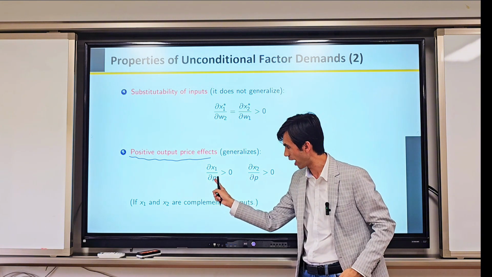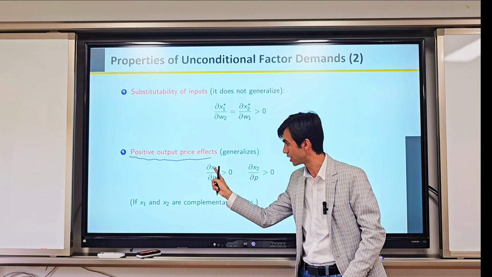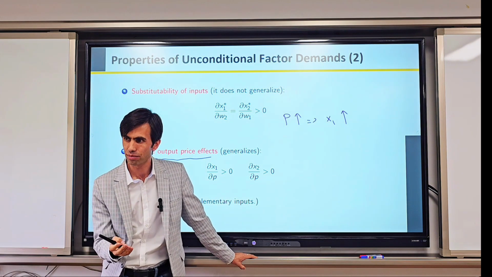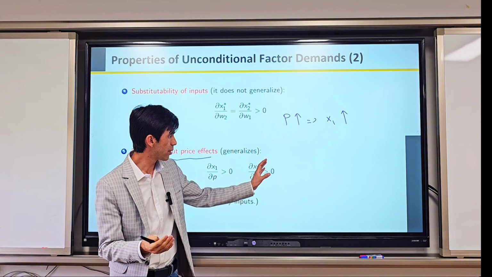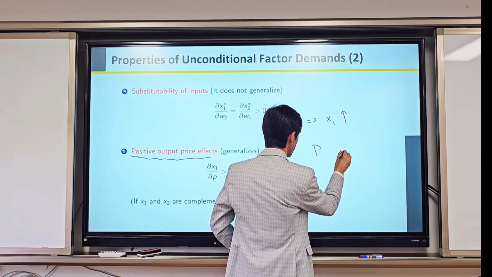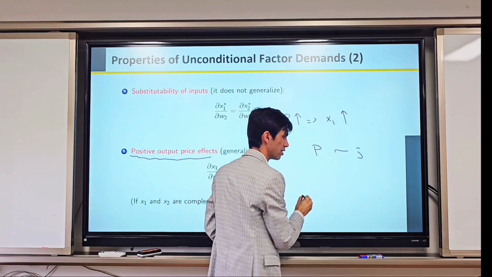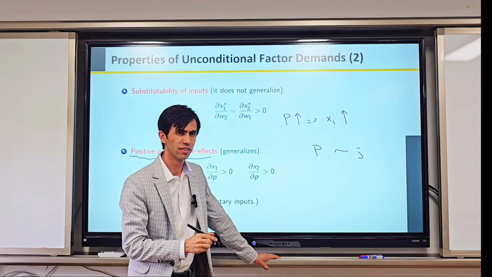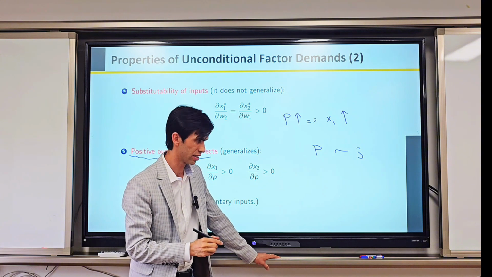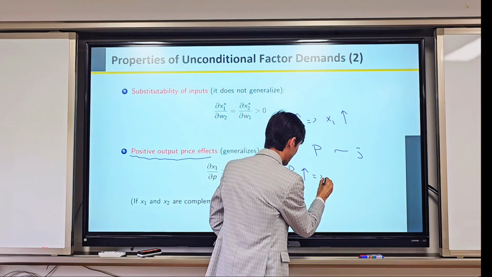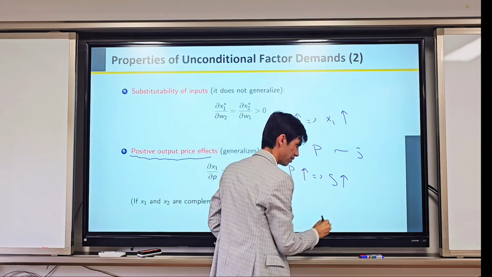It's very simple. What is the relationship between price and supply? The price increases, then the supply increases.